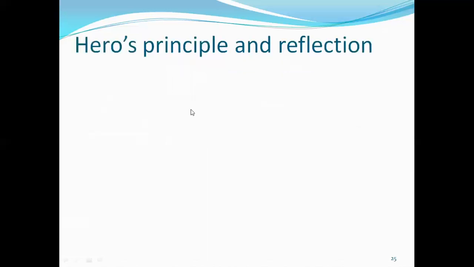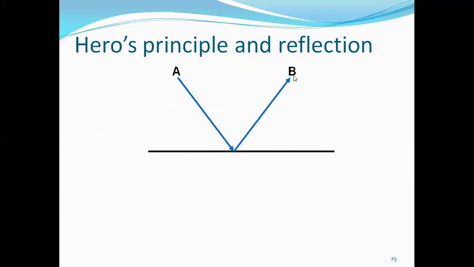And I show you the pictures. This is the smooth surface, this is the incident ray, and this is the reflected ray, and the point A is here and the point B is here.